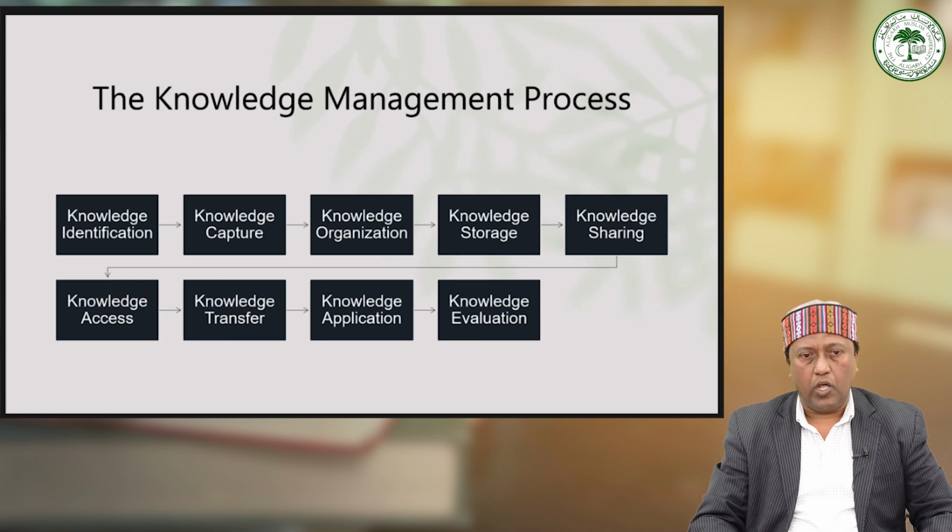Next step is knowledge storage. Knowledge must be stored in a secure and accessible manner to ensure that it remains available for future use. This may involve utilizing knowledge management systems, databases, intranets, or other digital platforms to store and manage knowledge assets.